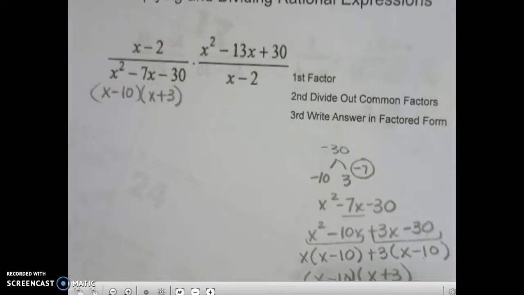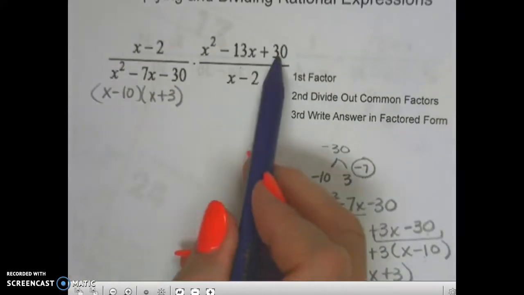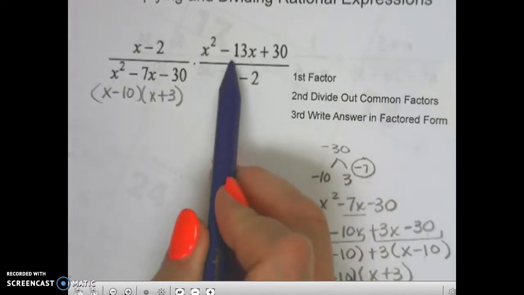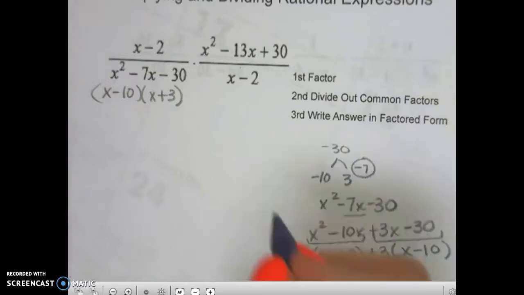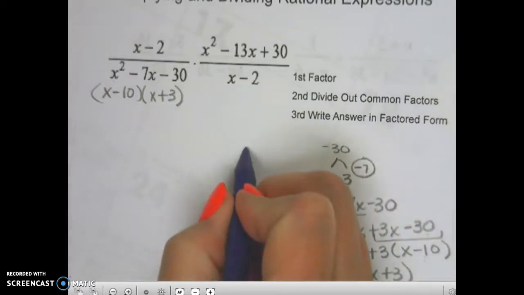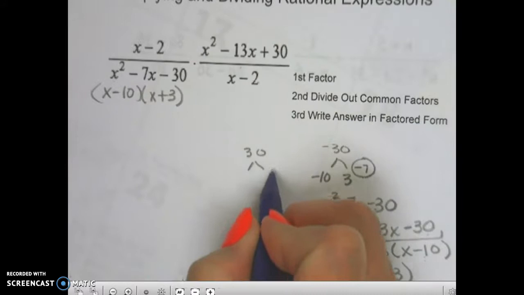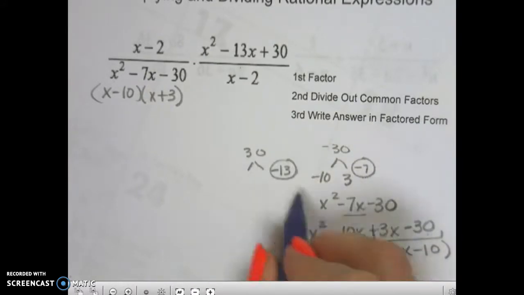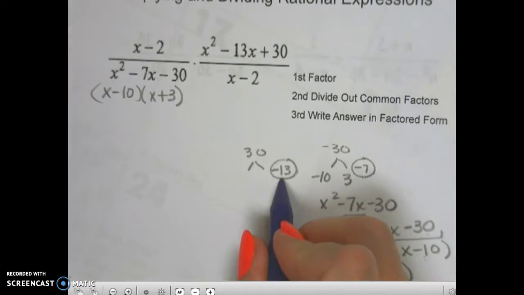Now if you'll notice, I have another one with an x squared in it, and I must factor that as well. This one multiplies to give me a positive 30, but adds up to negative 13. If it adds to a negative, then they either both have to be negative or one's negative and one's positive.